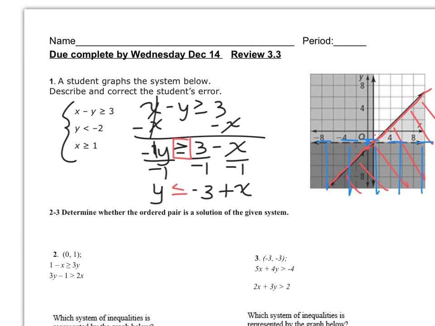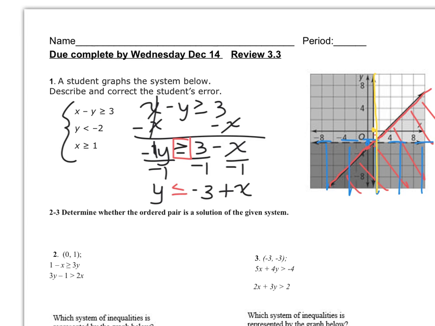So far, so good? All right, let's take a look at that third equation. You think they're all okay? Let's see. So it says x is greater than or equal to 1. So I'm going to go to the x-axis at positive 1. Greater than or equal to means I'm going to draw a solid vertical line, right?